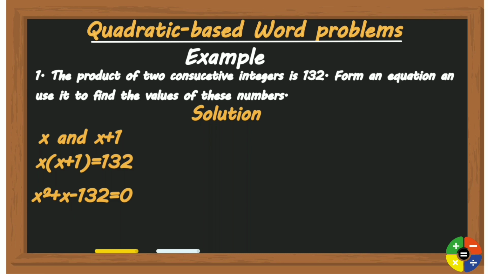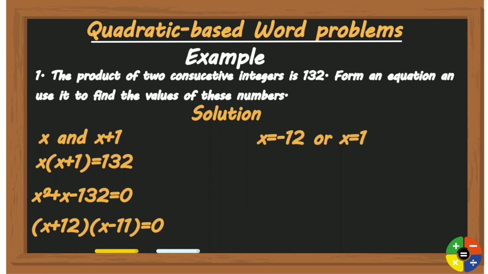Factorizing this equation, we have x plus 12 into x minus 11 is equal to 0. Applying the Null factor law and solving for x gives x is equal to negative 12 or x is equal to 11. Here, these two answers for x are valid, since integers are both negative and positive whole numbers.